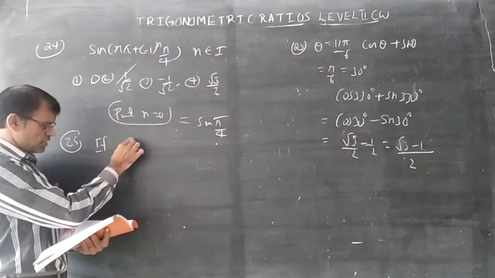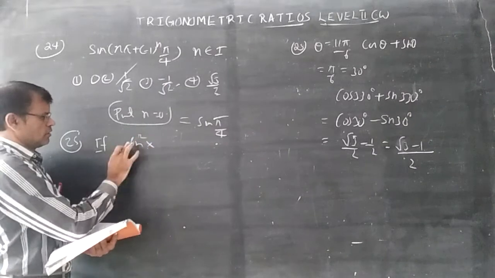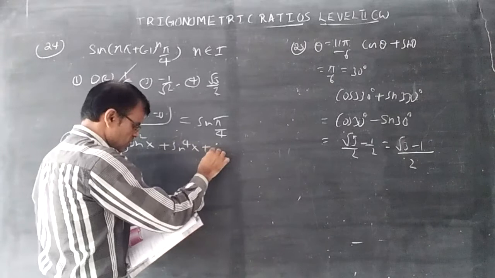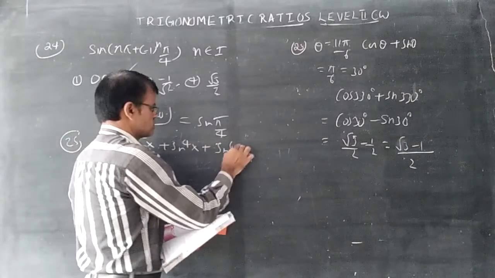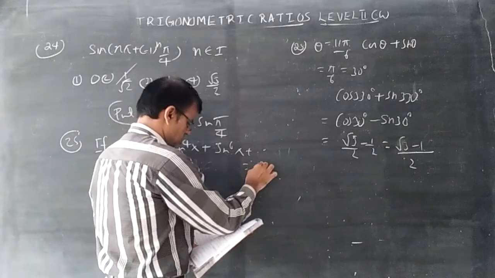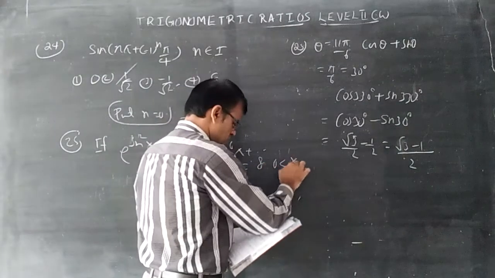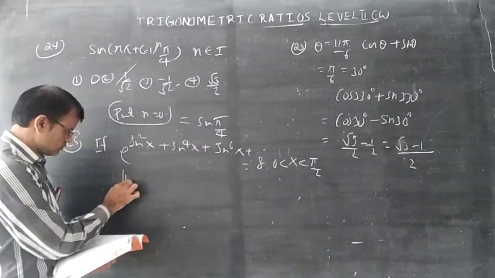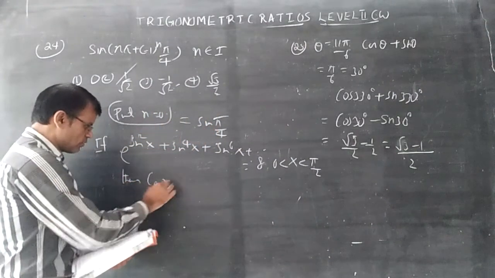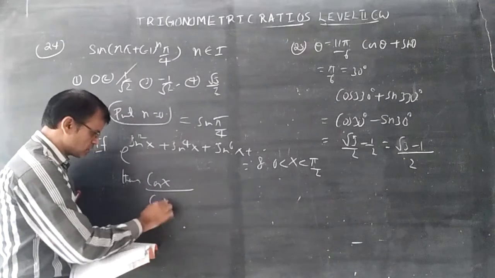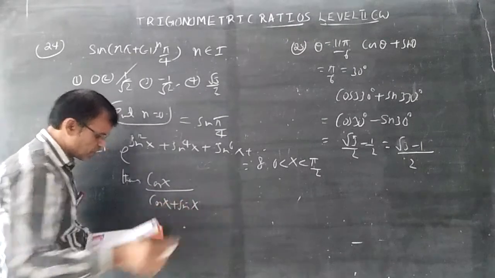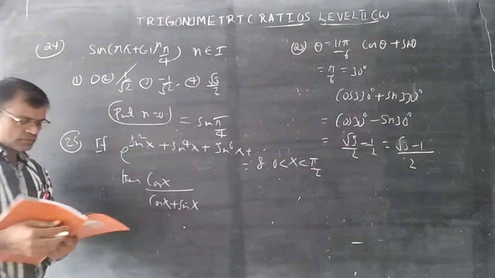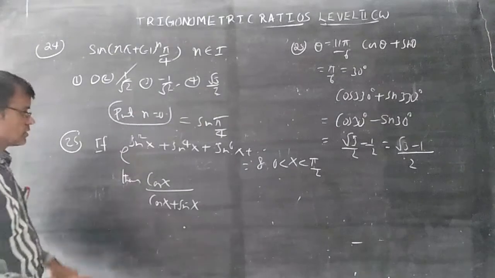If e power sin square x plus sin power 4x plus sin power 6x plus so on is equal to 8, given the condition 0 less than x less than pi by 2, then you should calculate the value of cos x by cos x plus sin x. Options I am not writing, let us discuss.